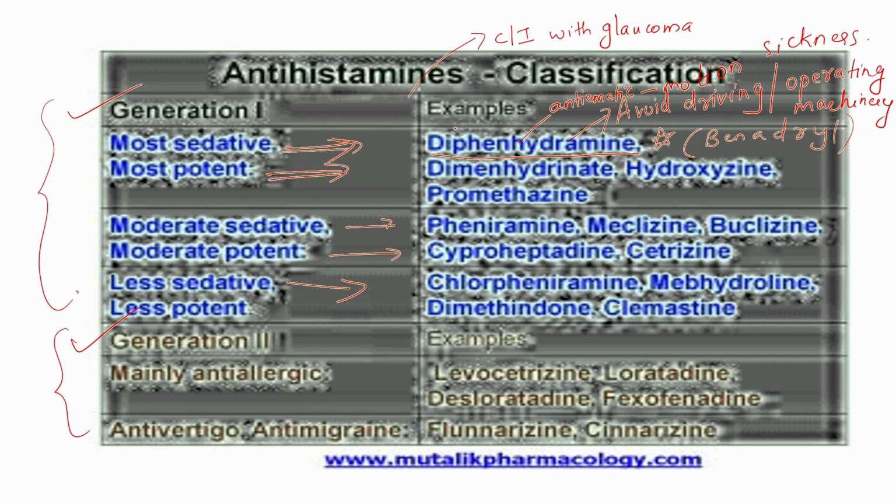So what happens is, it will increase the intraocular pressure, IOP. Okay, intraocular pressure will be increased. So the glaucoma will be worsened if we give these drugs to patients with glaucoma. So that is why it is very important that these drugs are contraindicated.